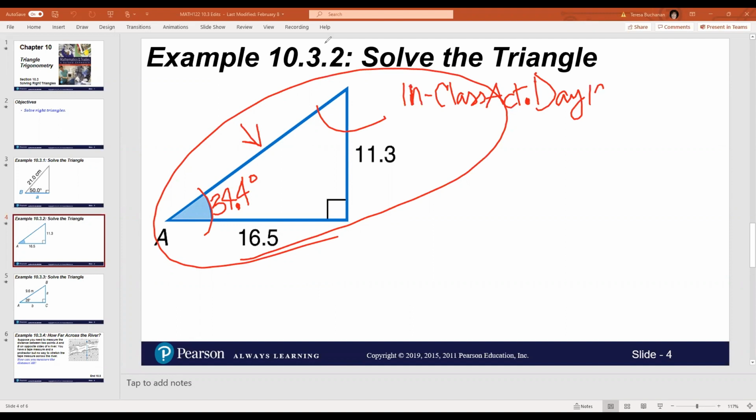In class activity, day 12, number 3, I think we're on. Make sure you mark that very clearly on your document, show the work, and solve the triangle. Okay?